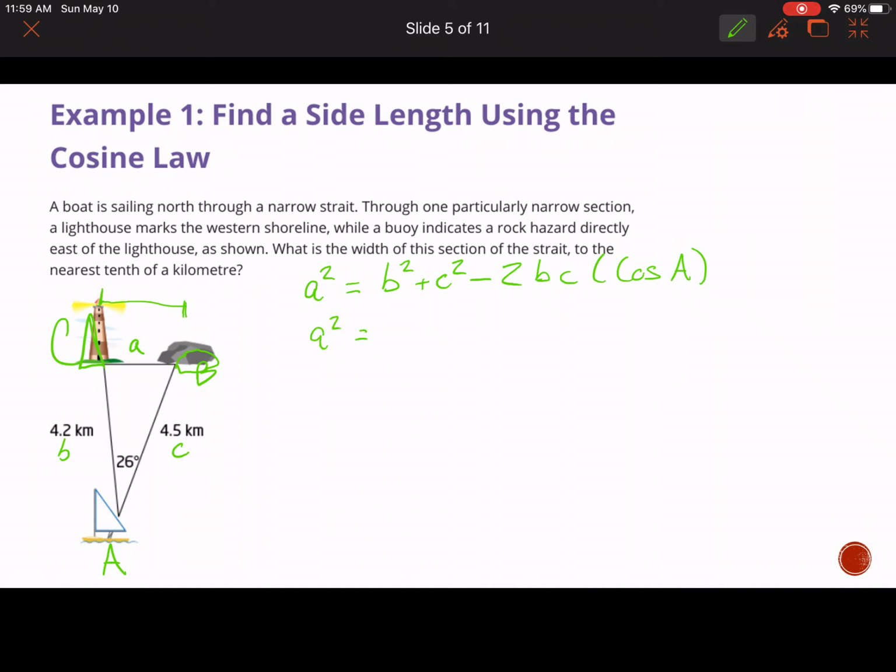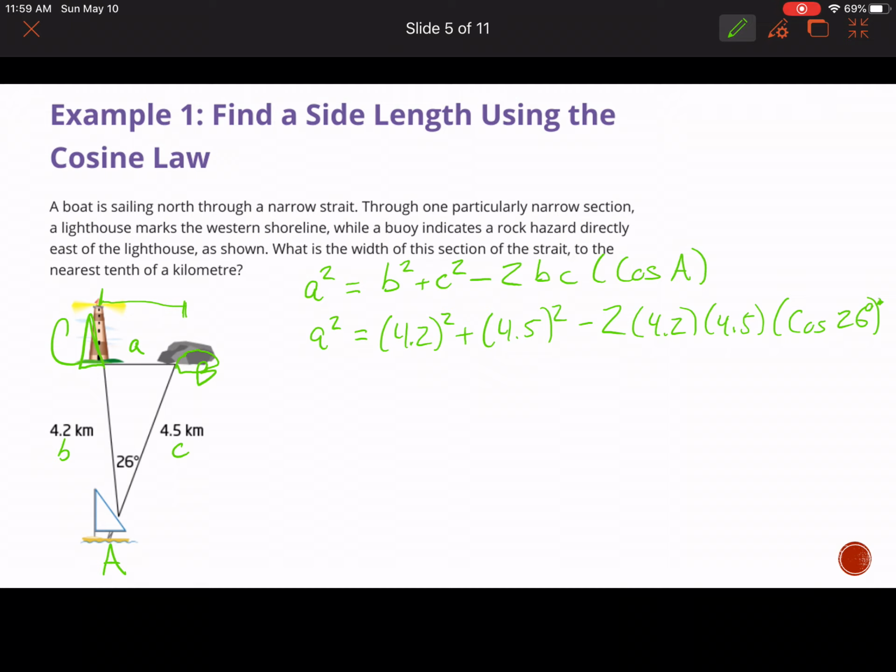A squared is what we're trying to find. B is 4.2, and it doesn't matter which one we labeled B, which one we labeled C, as long as the other two lines are being used like this, and the one we're trying to find is the one on the outside. And that is degrees.